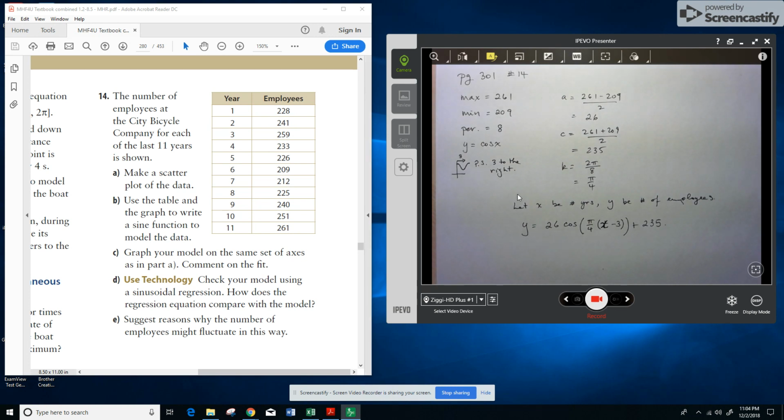That's how we got our period. For our maximum, again, we took 261, the larger one. For our minimum, we just took the smallest value, 209. And then we determined that because we were focusing in on a maximum, we would use cos x, and that we needed to offset that by 3 units to the right. Okay, that's it for this one.